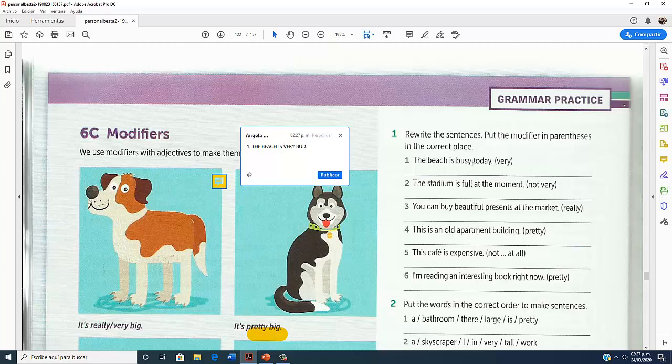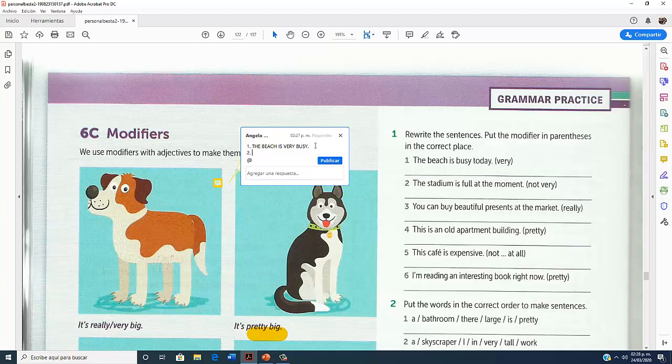Very, very busy. So if you notice, this modifier like very, really, pretty is going to go before the adjective. Okay, it's very busy, not busy, very busy.